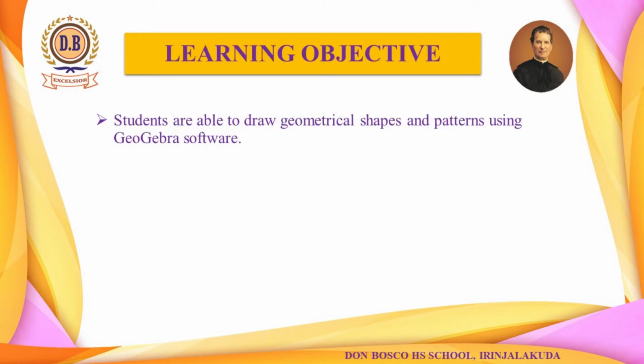In today's class, we are going to start a new chapter and we are using a new software called GeoGebra. Using this software, the students are able to draw geometrical shapes and patterns. What do you mean by geometrical shapes?